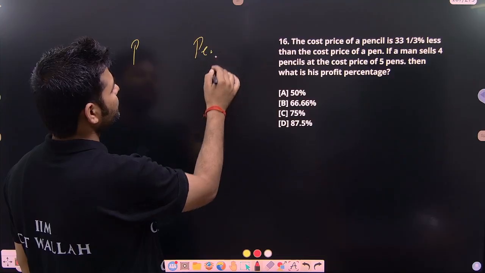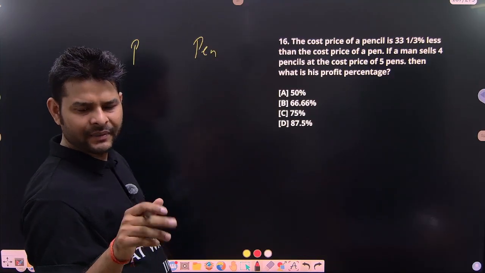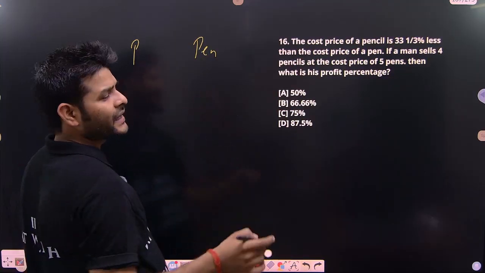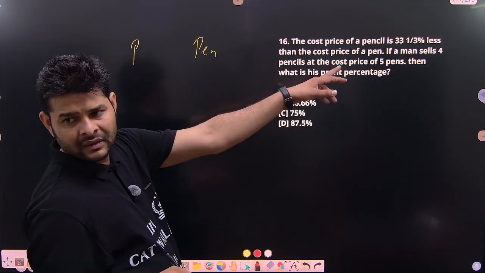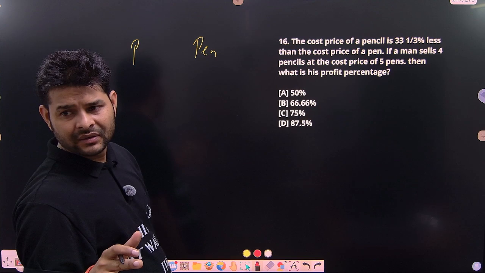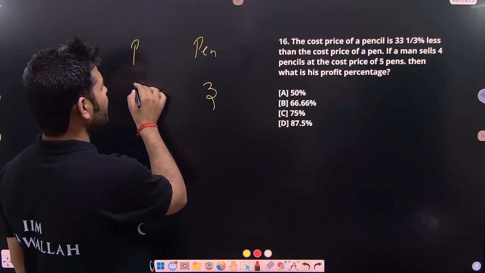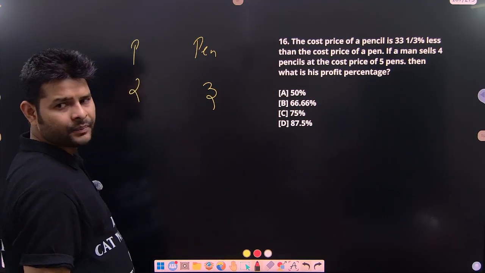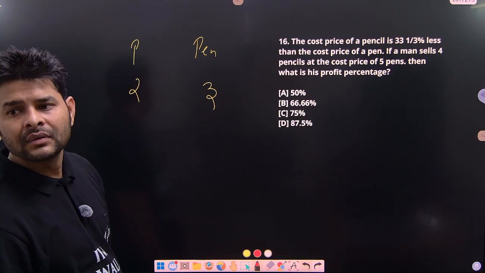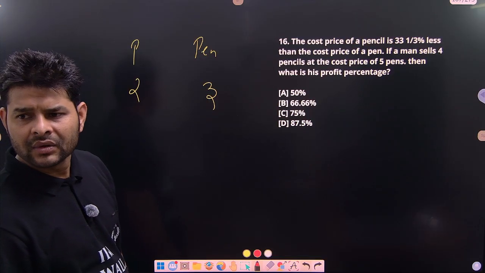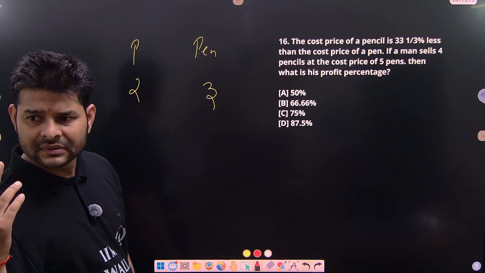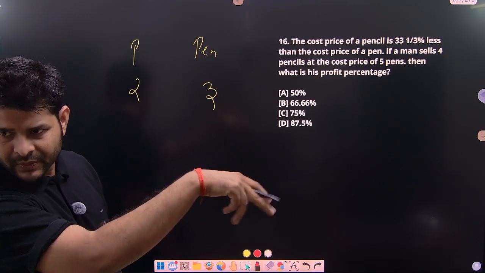So pen 33 whole 1 by 3, that is 1 by 3. If 1 by 3, we are comparing with pen, so the denominator value will represent the one with which we are comparing. So 3 would be pen, 1 less, 2 would be pencil cost. Getting it or not? The basic class of percentage. Clear or not? Or do I need to explain more?